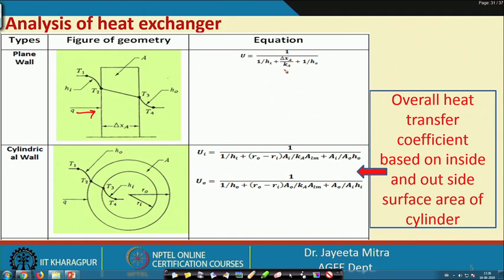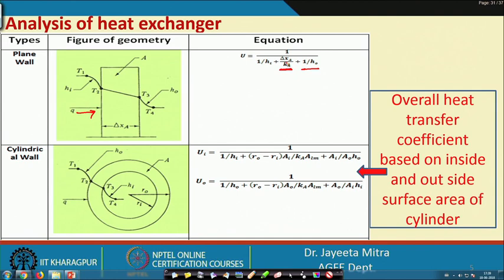Then delta x A by K A is the resistance in the solid wall or the surface, and 1 by H O is the resistance in the cold fluid side. H O is the convective heat transfer coefficient, and 1 by H O is the resistance. So, combining all the resistances in series that we encounter here, and taking 1 by the total resistance, that is your overall heat transfer coefficient.